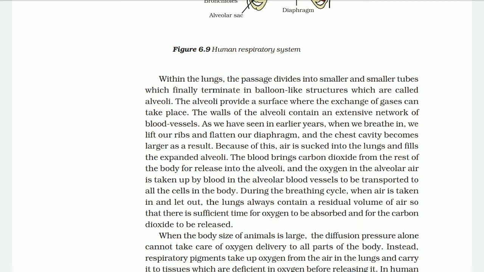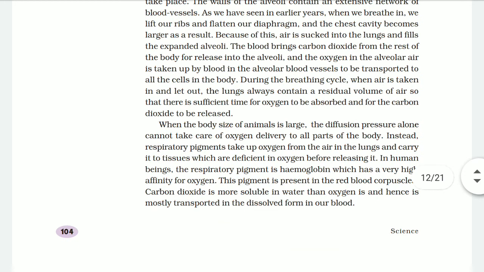When the body size of an animal is large, diffusion pressure alone cannot take care of oxygen delivery to all parts of the body. Instead, respiratory pigments take up the oxygen from the air in the lungs and carry it to the tissues which are deficient in oxygen before releasing it. In human beings, the respiratory pigment is hemoglobin, which has a very high affinity for oxygen.